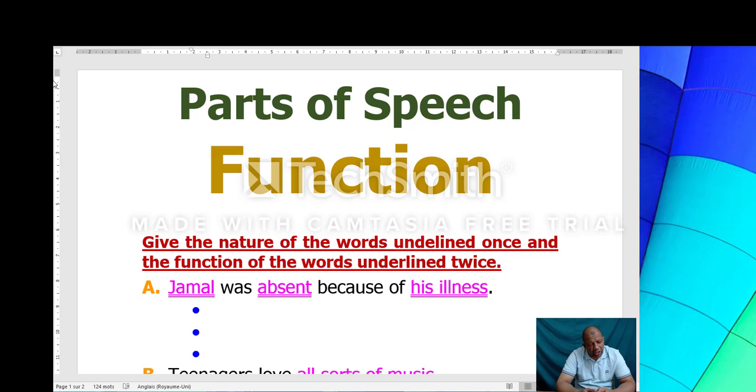When we speak about function, we mean something very important in relation to words or a group of words. That is to say, what is the role of a word within a sentence?